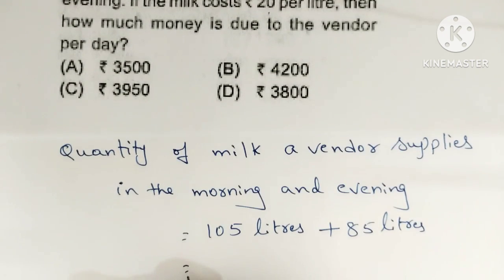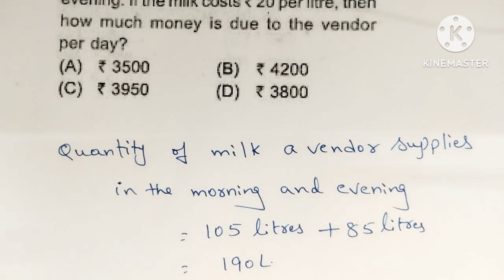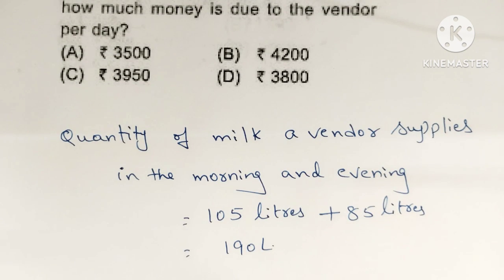So per day he will supply a total of 190 liters of milk. But the cost of 1 liter of milk is 20 rupees.